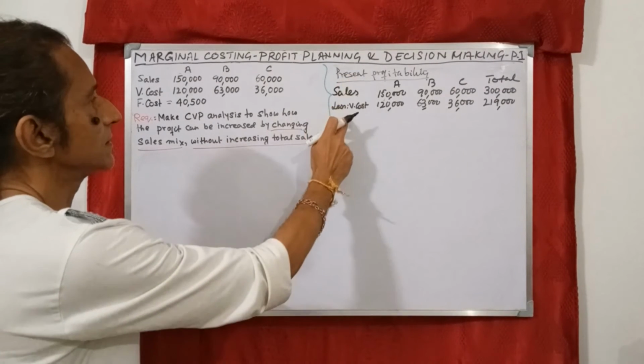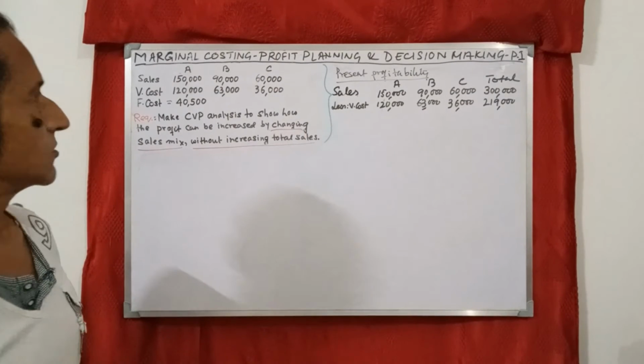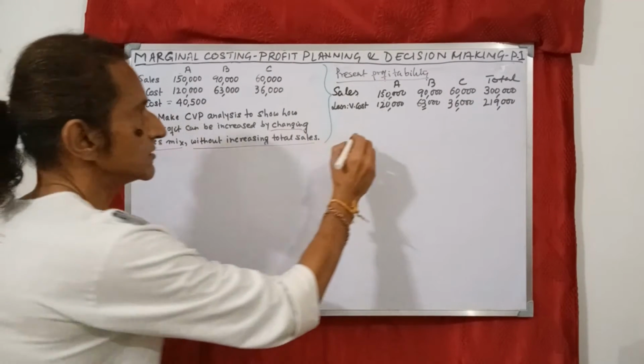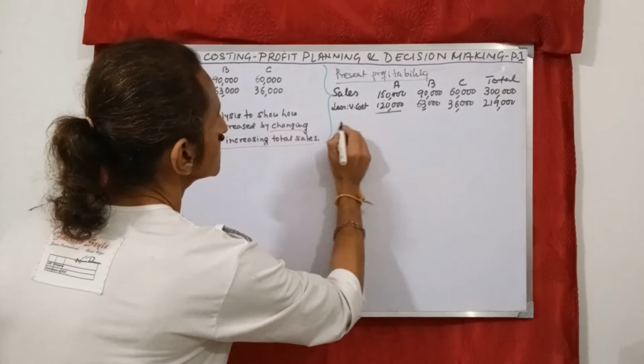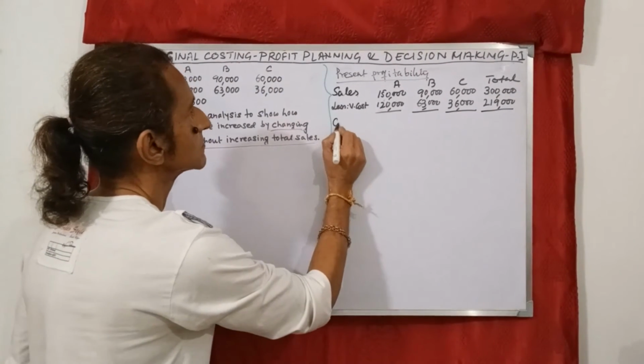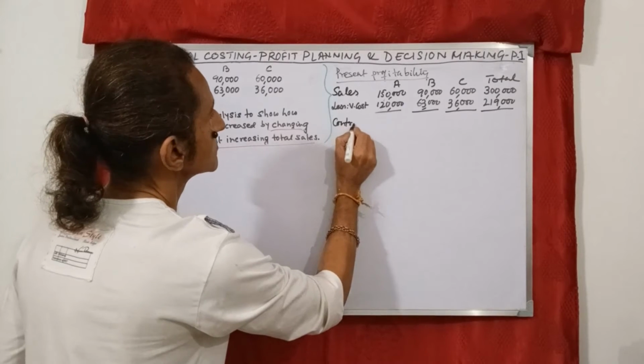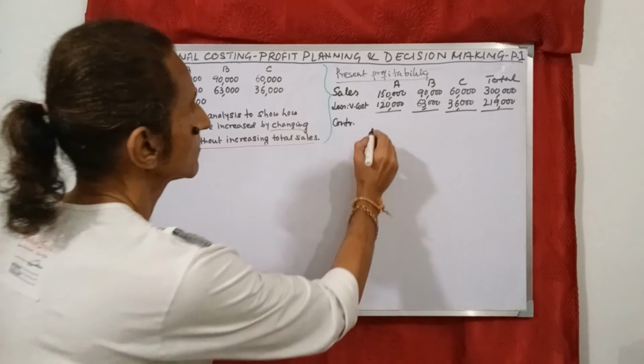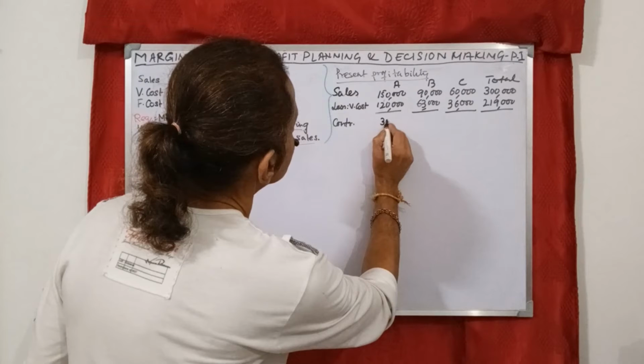This sales less variable cost, so we get contribution. Contribution is 30,000.